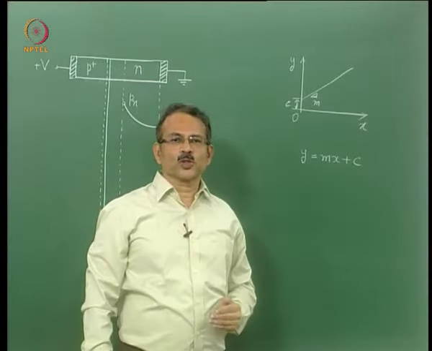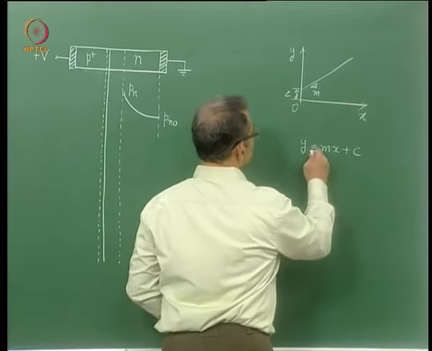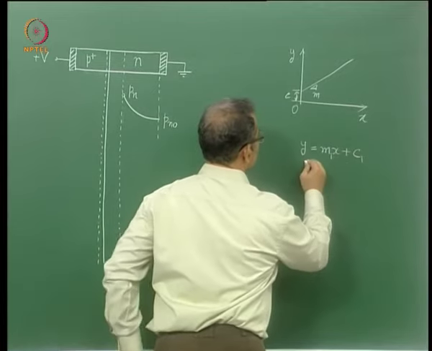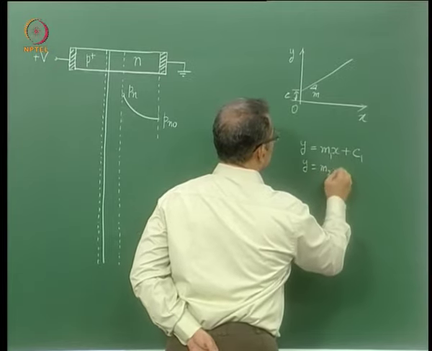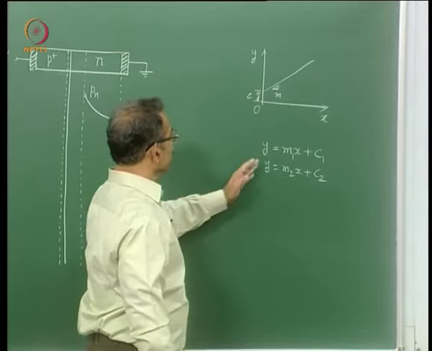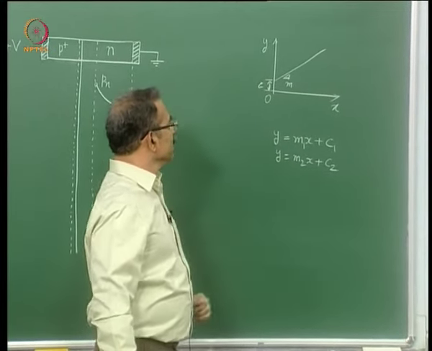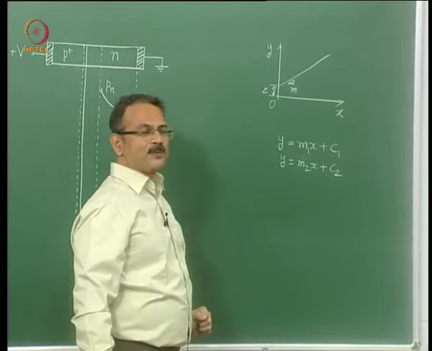How do I use the graph to solve equations? Well, supposing I have two equations, y equal to m1x plus c1 and y equal to m2x plus c2. I want to get the values of x and y which satisfy both these equations. Now the way I can use a graph is as follows.